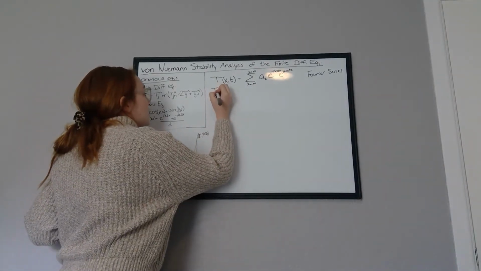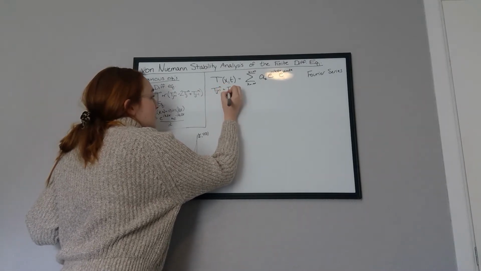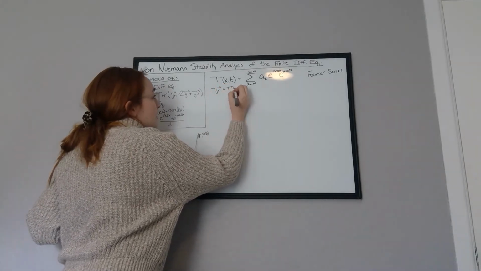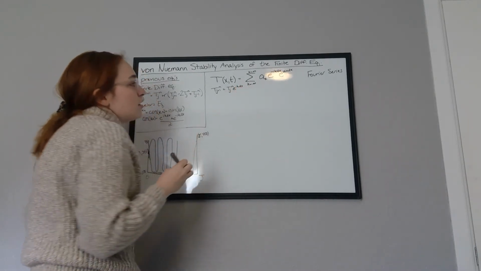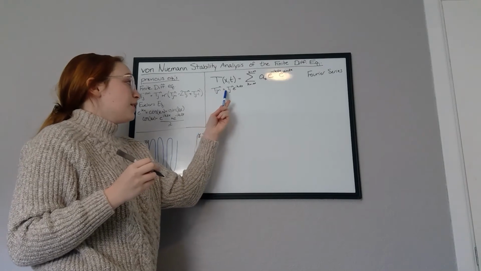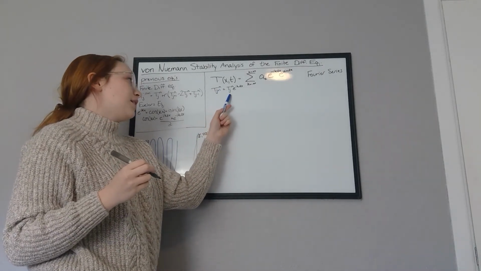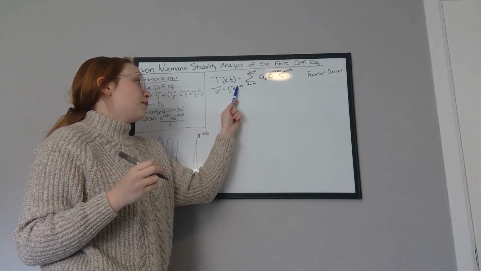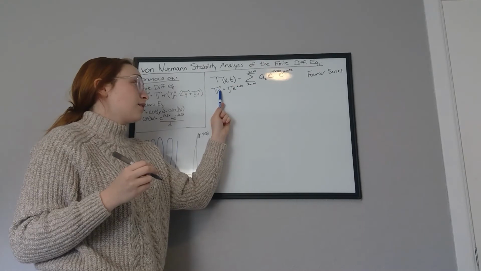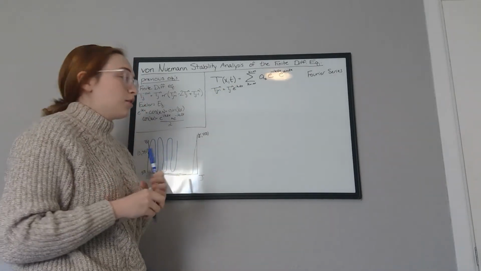So T of j plus 1 to the n is equal to T of j to the n times e to the i k delta x. The series splits this j plus 1 into two terms, the j to the n and then the e to the i k delta x, and this is positive because it's the next block forward on the linear bar.